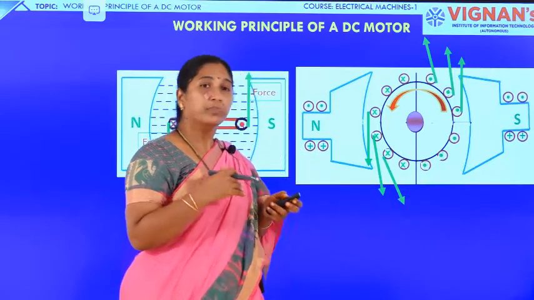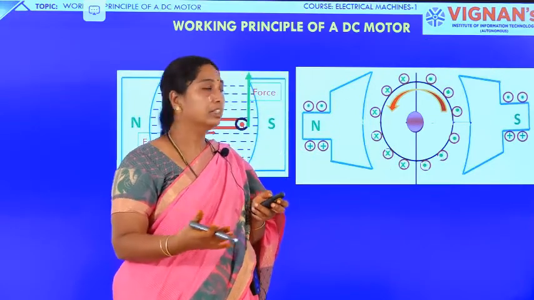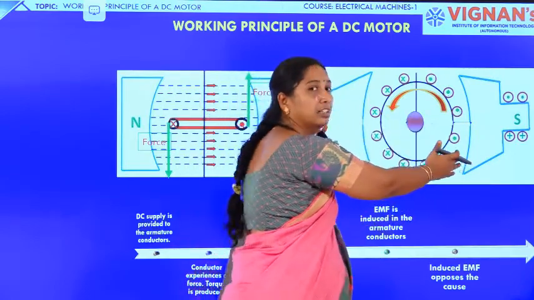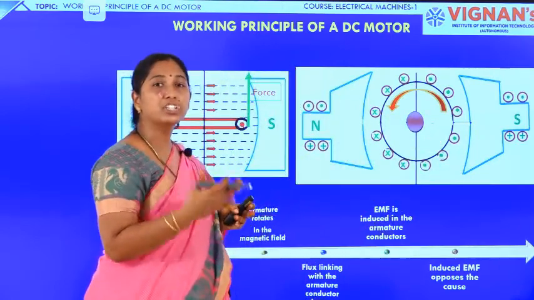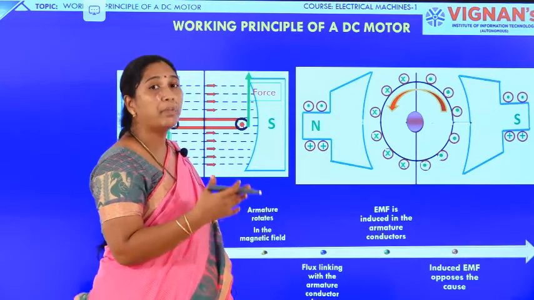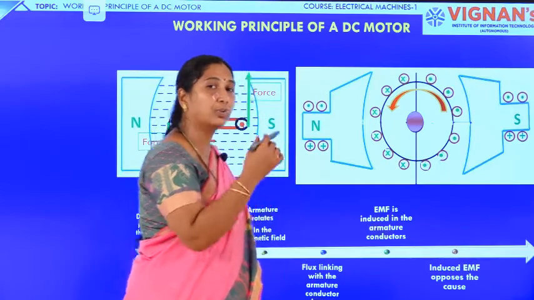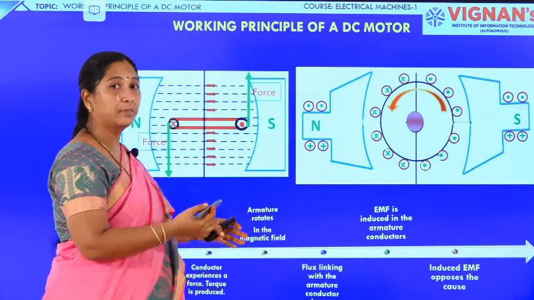Now, due to the torque, the armature starts to rotate in the magnetic field. Now, the current carrying conductors start to rotate. What happens then?